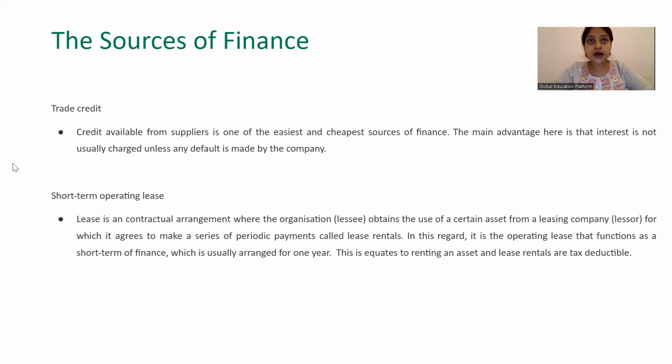Right, so this is about trade credit. Credit available from suppliers is one of the easiest and cheapest sources of finance. The main advantage here is that interest is not usually charged unless a default is made by the company. So these are trade credits given when you are purchasing something from your suppliers.